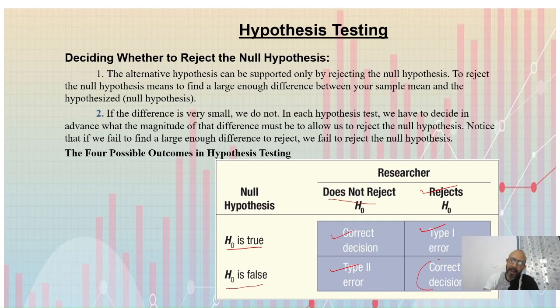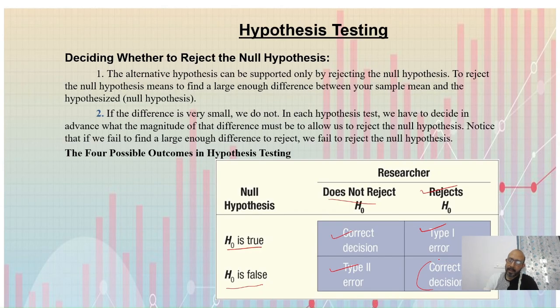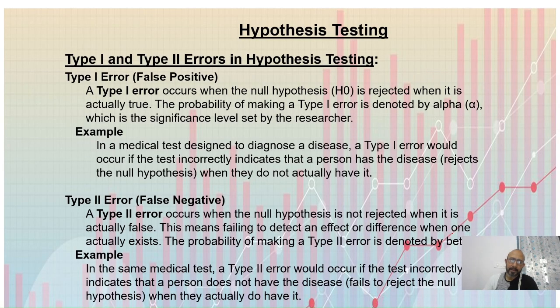We can get from here the type 1 error. Type 1 error occurs when the null hypothesis is rejected when it is actually true. This one is our type 1 error. The probability of making a type 1 error is denoted by alpha, which is the significance level set by the researcher.